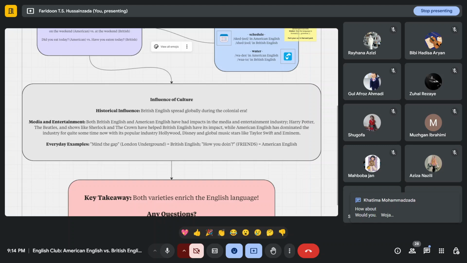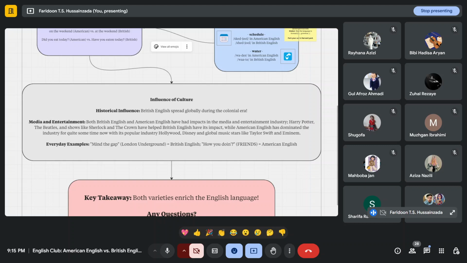So let's talk. The first one is historical influence. When you're talking about historical influence, I don't think anyone can say that American English has a bigger historical influence than British English. No one can say that, and no one should say that.